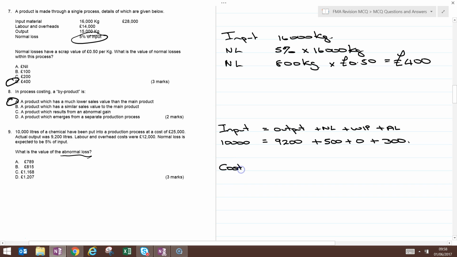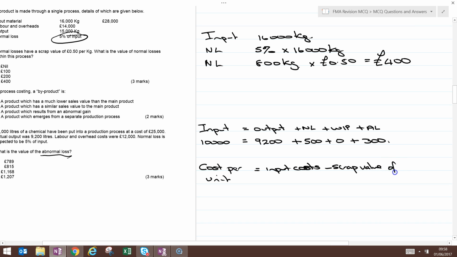So to work out the cost per unit, it's your input costs minus the scrap value of normal loss, and divide all of that by your expected output.